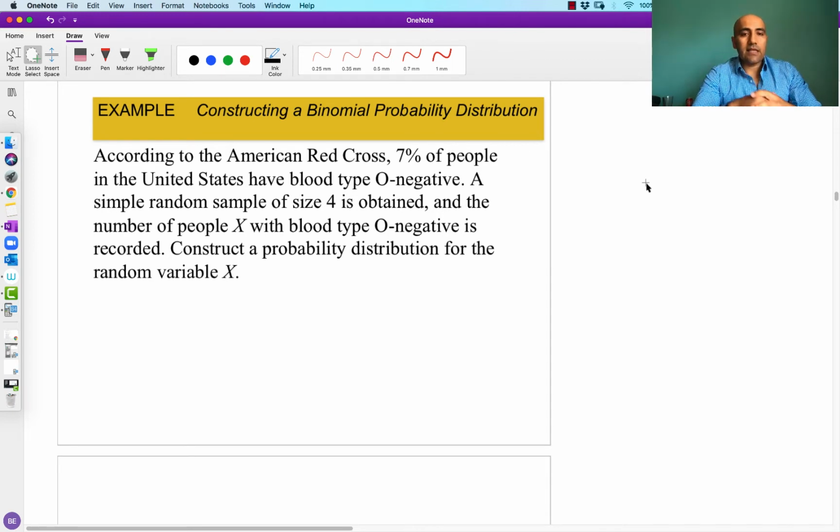So let's analyze it like we did before. In the previous case, we were shooting 3 free throws, so n was equal to 3.